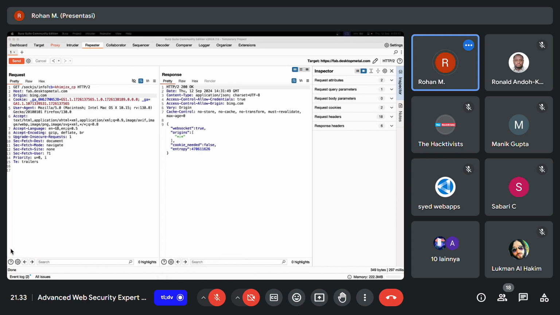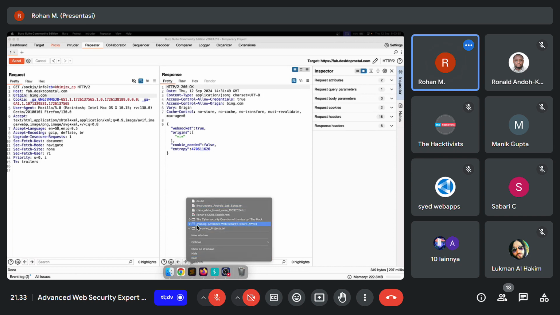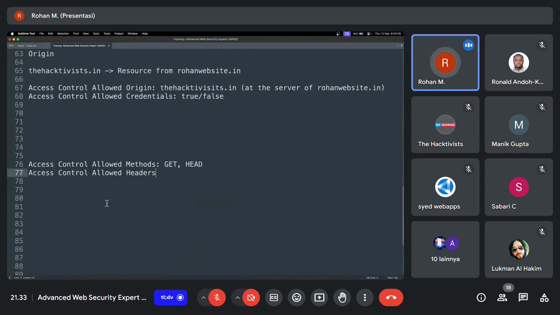Now there are three possible values for access control allow origin. It can either be set to asterisk. Asterisk here is the wildcard, which means all, just as in SQL, select asterisk from users, where asterisk means all the columns.